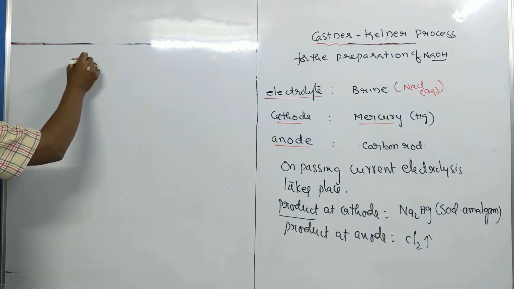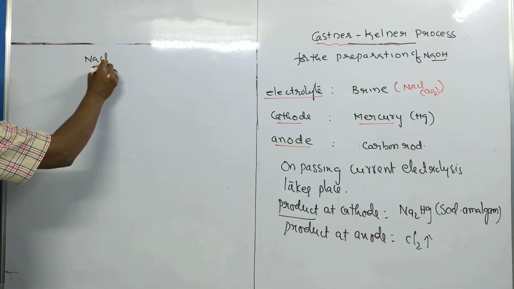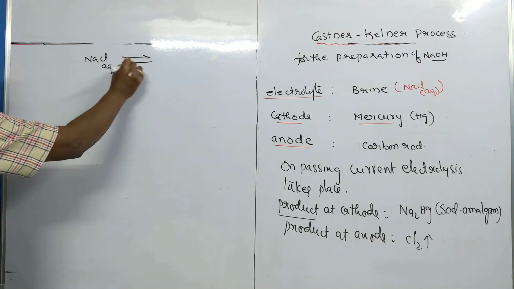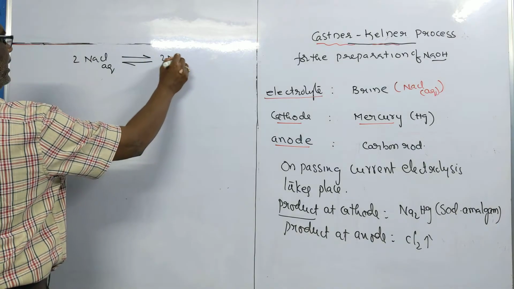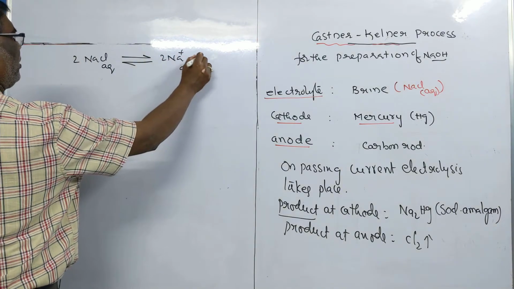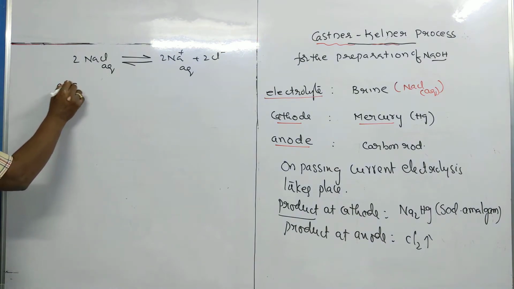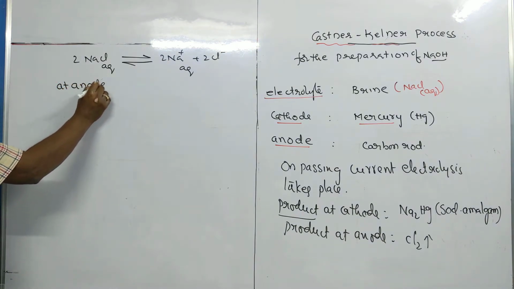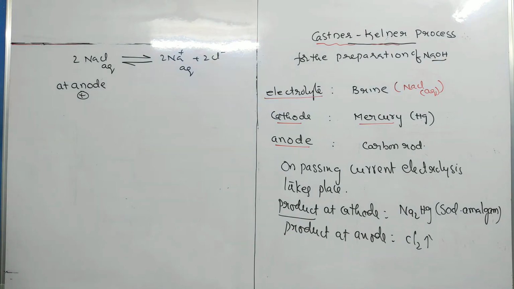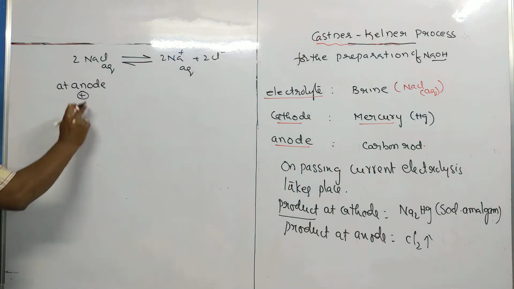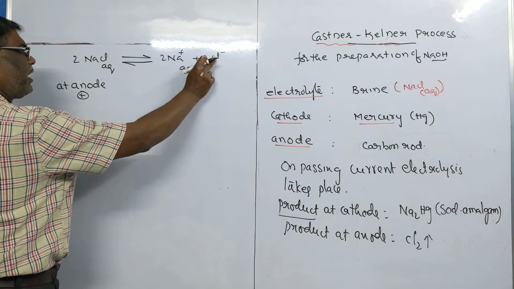Now what are the reactions? First, NaCl aqueous solution ionizes to give Na+ ions and chloride ions. Which reaches the anode? The anode is the electrode having positive charge. There will be attraction between the positive electrode and negative ions.